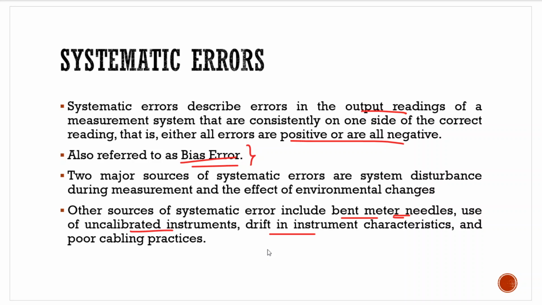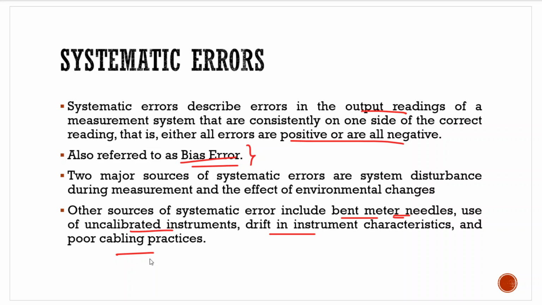So if there is a drift in the instrument characteristics, the static characteristics or the dynamic characteristics, that will also lead to these types of errors, or because of poor cabling, connections properly connected नहीं थे, कहीं पे wiring loose थी, तो उसकी वजह से भी error आ सकता है.